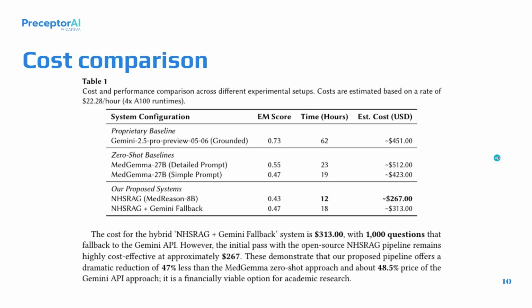Well, for the cost comparison, the Gemini fallback system costs around $313 with 1,000 questions that are fallback, and it achieves a reduction of 77 percent compared to the MedGemma zero-shot approach, and about 48.5% of the price of the Gemini API approach.